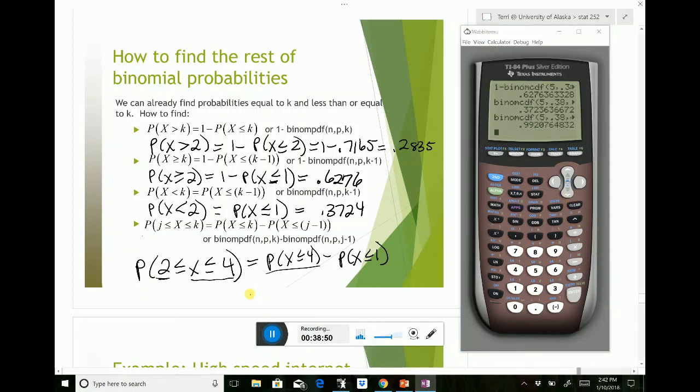And this one is 0.9921 minus, I already know what that one is, 0.3724. So, go pick it up. And I end up with 0.6197. And that's my answer. So I can find any of the other probabilities just like this.